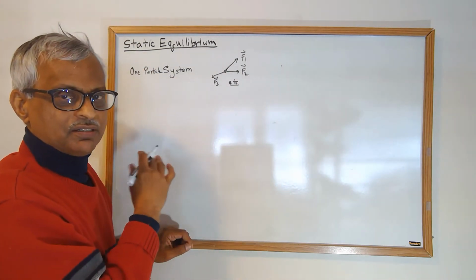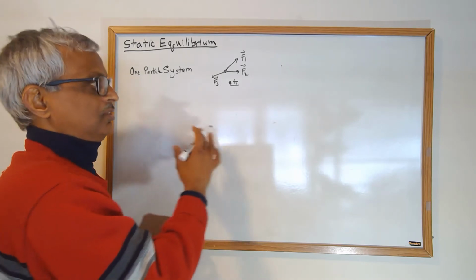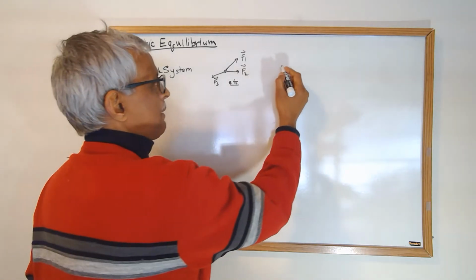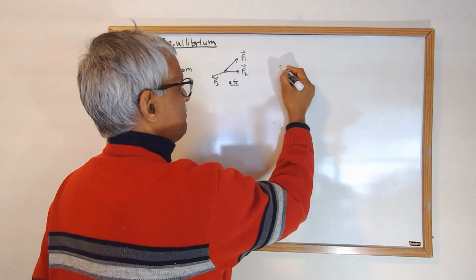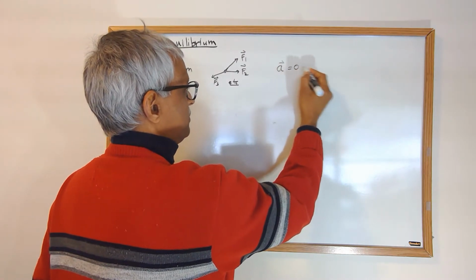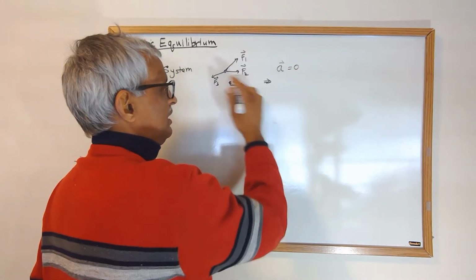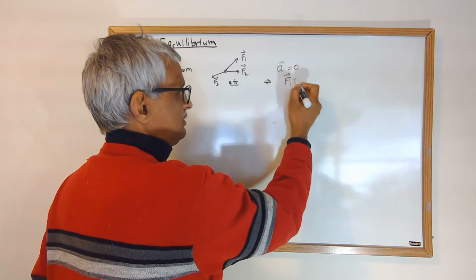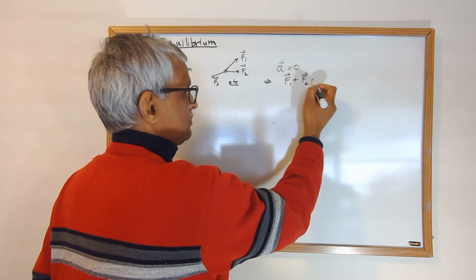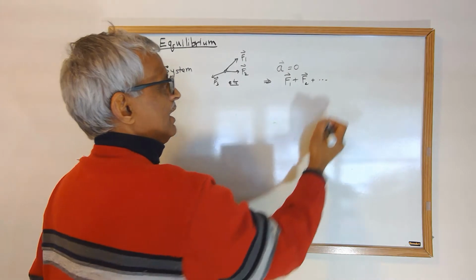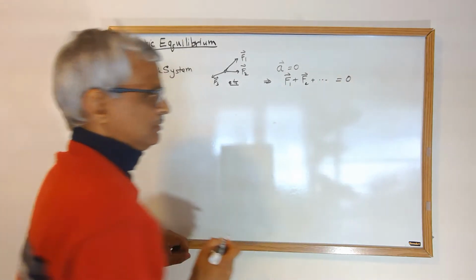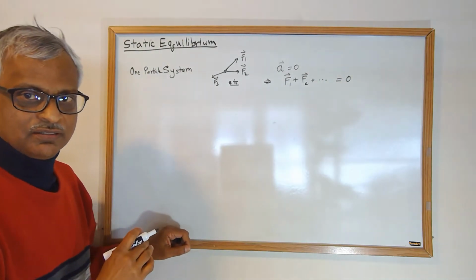So this particle cannot accelerate. Acceleration zero would mean I add up all these forces in a vector way, and that should end up to be zero, however many forces there are.